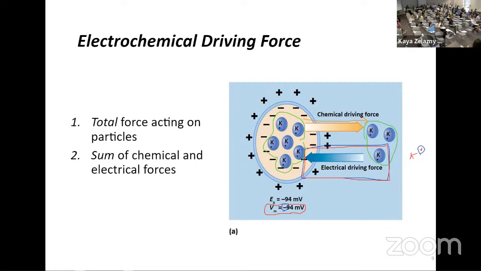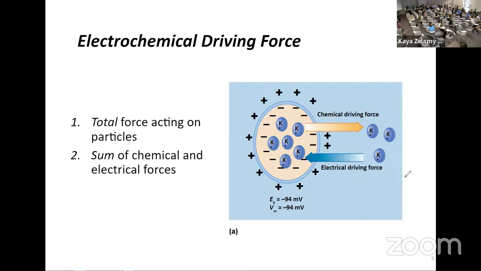If we want to figure out what the electrochemical driving force is, we're going to need to add them up. In this example, these arrows are the same size, so we're going to assume that these forces have similar magnitude. So we would have essentially an electrochemical driving force, an ECDF, of 0.